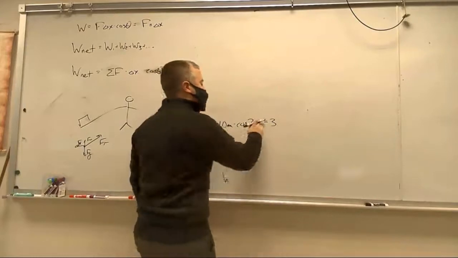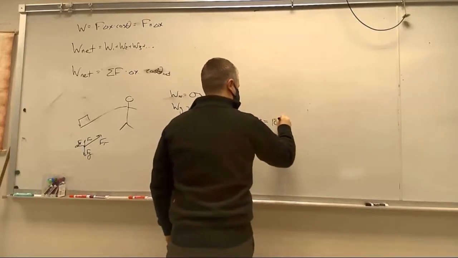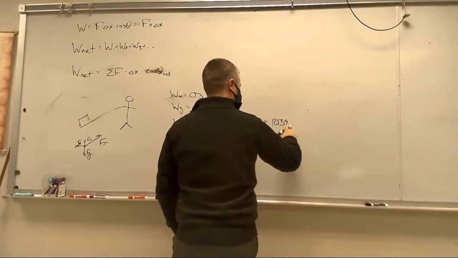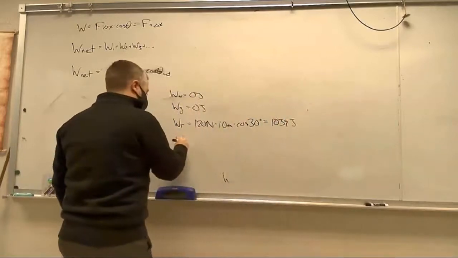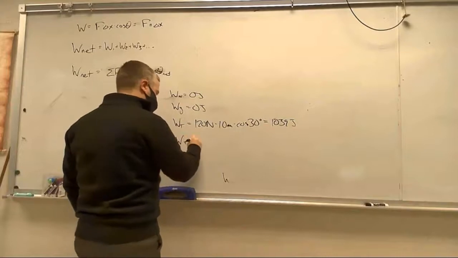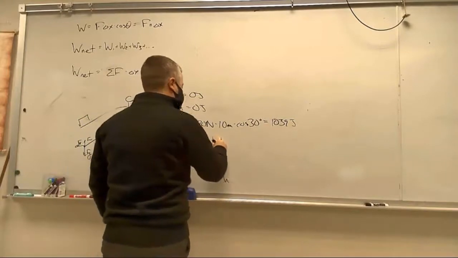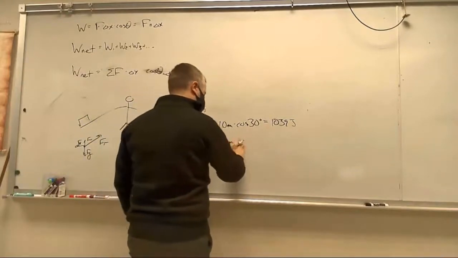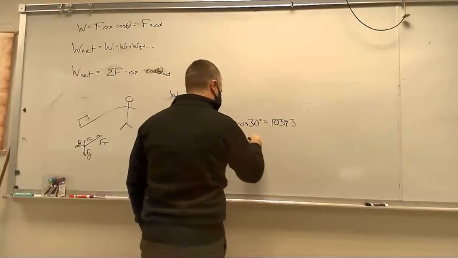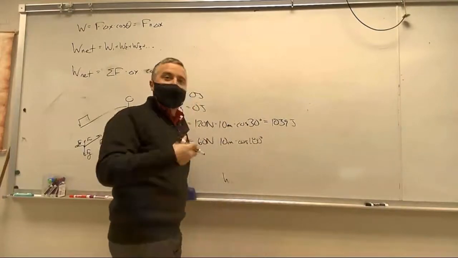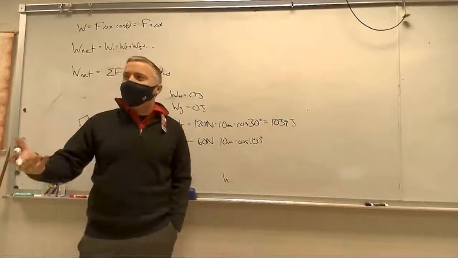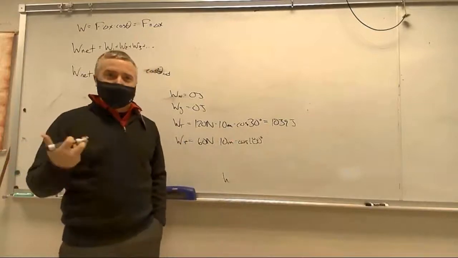Yeah. Okay. 1039 joules. And then work of friction was what? Negative 600. Why does it make sense that friction was negative? It's going the opposite direction of the displacement. Right, so does it make sense that friction is constantly taking energy out of objects?